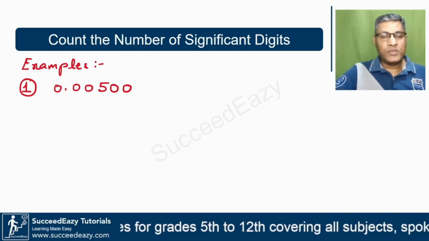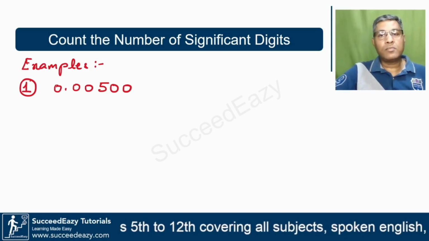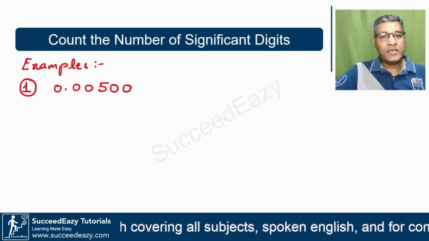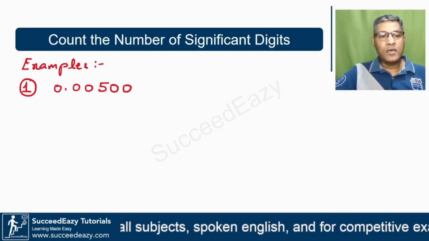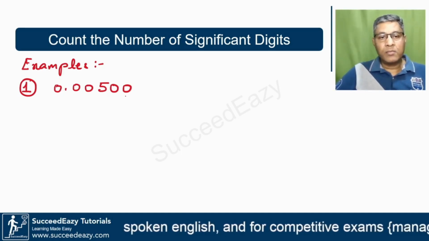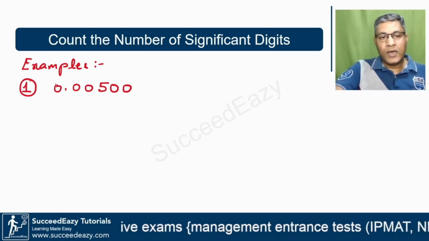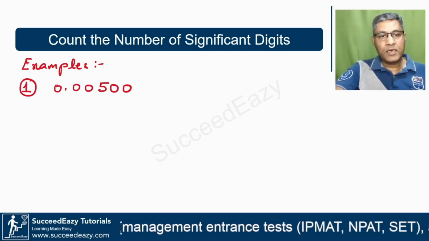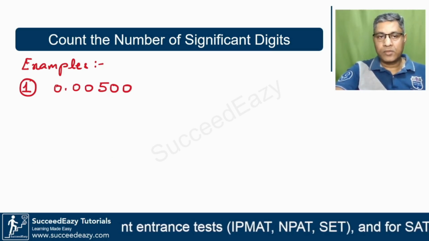Now, let's start with some examples. Let's count the number of significant figures, taking a few examples. Let's begin with 0.00500. In this, we need to understand a few rules, which I'll be taking up later, but let me first start with the example.